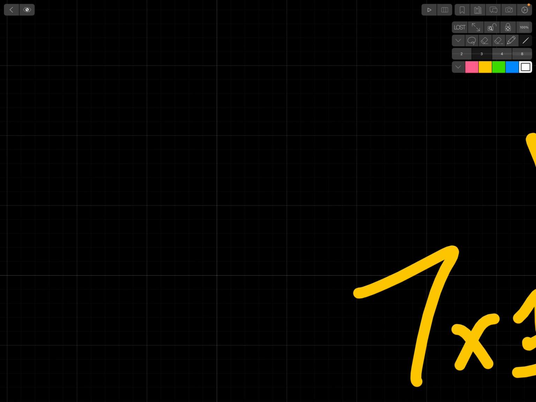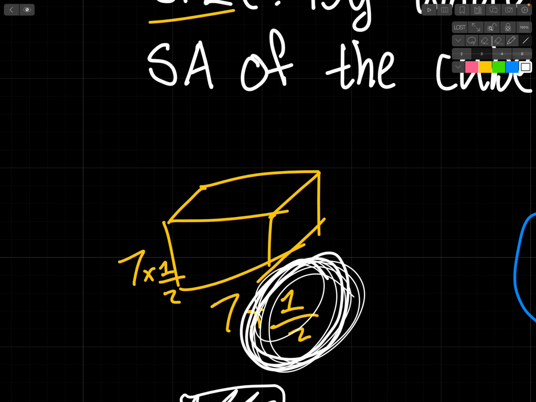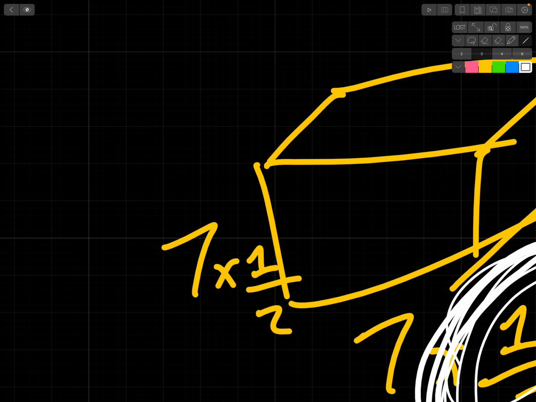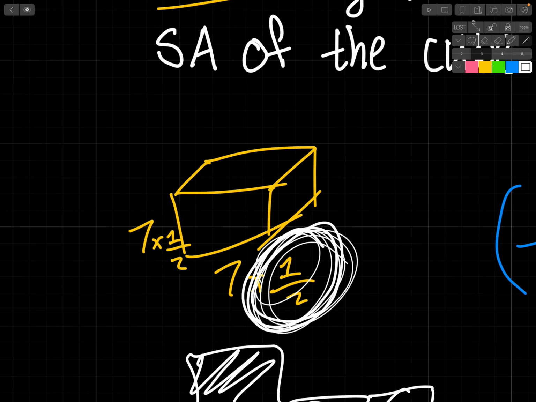And essentially, it's getting reduced by half. So you can either divide by 2, or you can multiply by 1/2. They're the same thing. So 7 is being multiplied by 1/2, aka getting reduced by half.